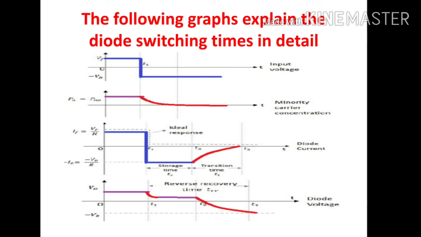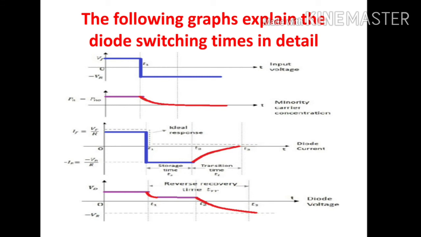Okay, I am referring to graph 3. The time between T1 and T2 is called the storage time. And the fourth curve indicates, on the y-axis we have diode voltage, on the x-axis again time is given. We can clearly see how the voltage is varying.